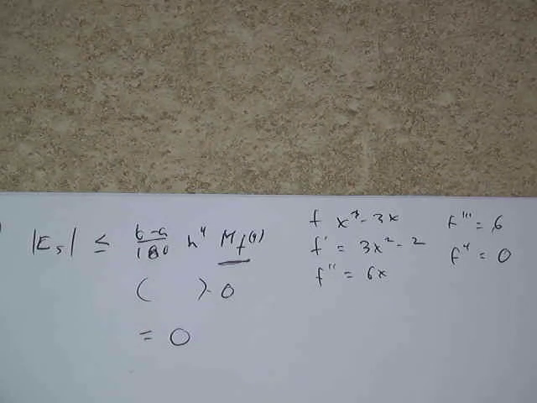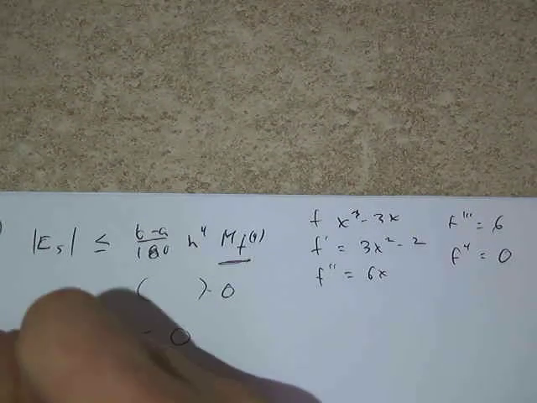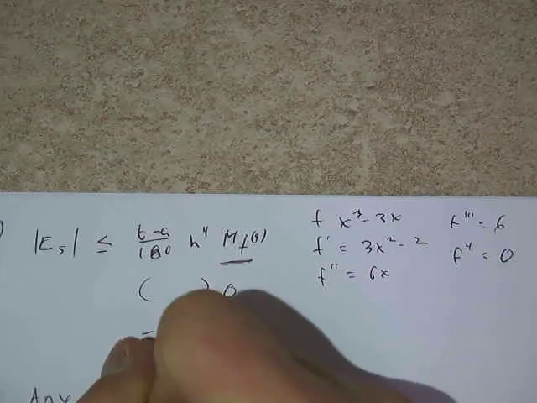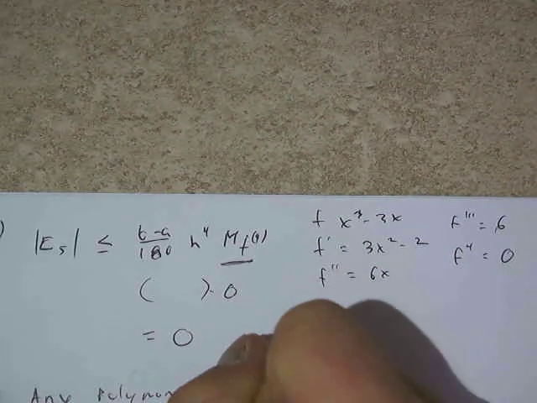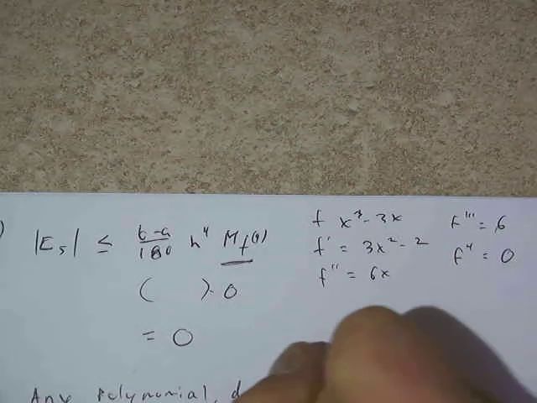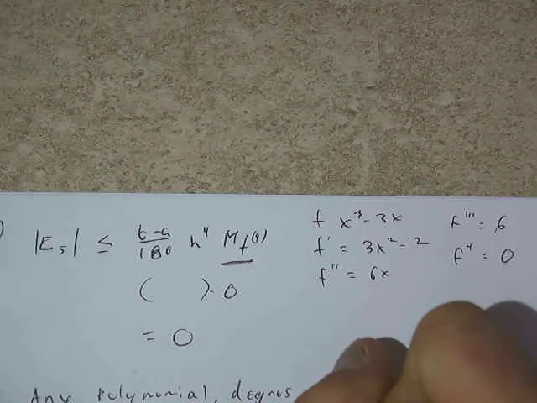Alright, and then finally part D says, is it possible to make a general statement? Well, I guess we just did that, didn't we? So part D would be, so any polynomial of degree less than 3, or less than 4 I should say.